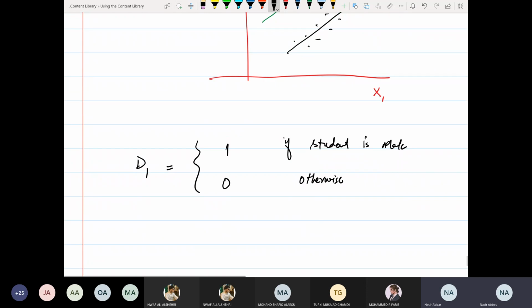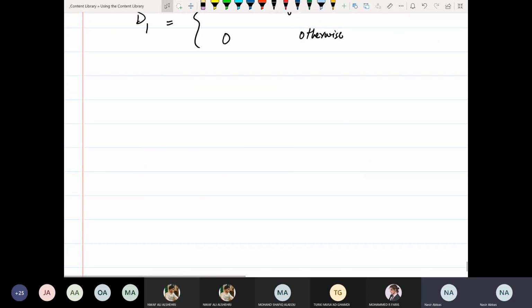So now your data will be like this. There is Y, student's height, let us say 62, 66, 69, 54, 57, 61, and so on.